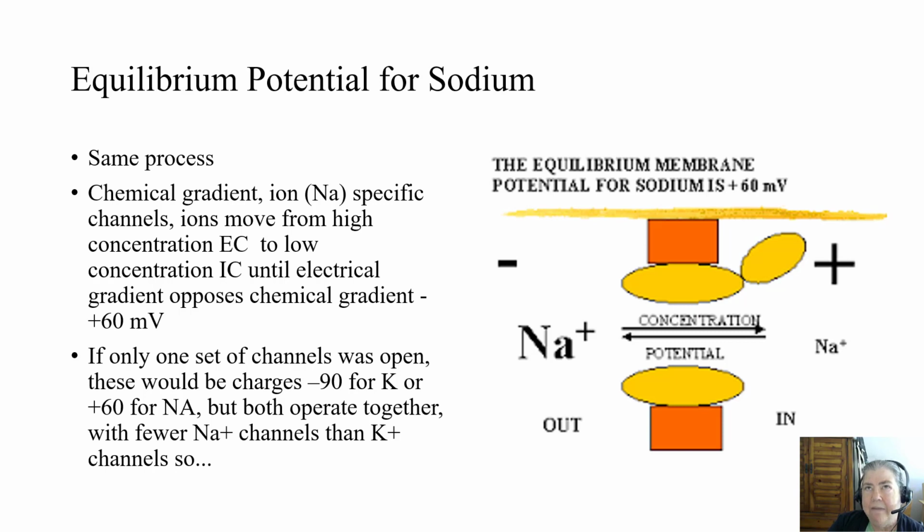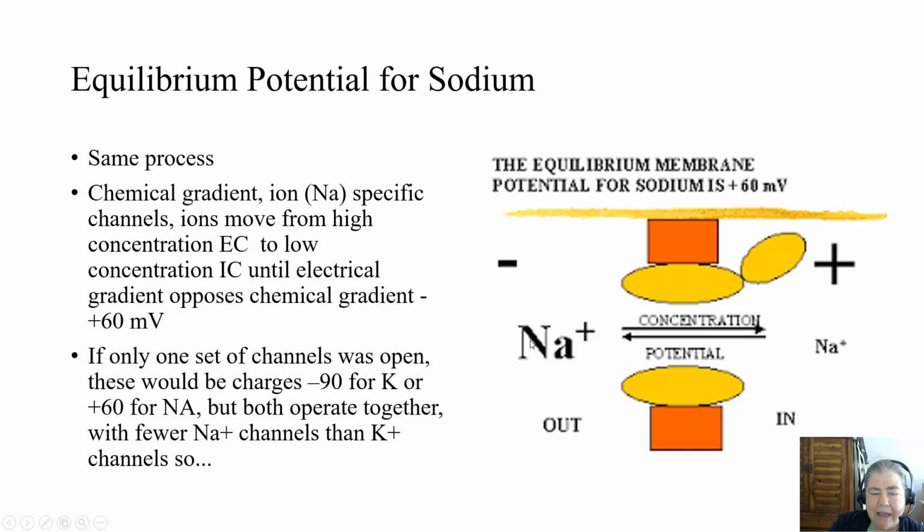Okay. There's also an equilibrium potential for sodium. So obviously the potential is established by the sodium potassium ATPase pumping out more positive charges than it pumps in. There's not a lot of sodium channels. They're not open all the time like the potassium channels. But there's a little bit of movement of sodium down its concentration gradient.